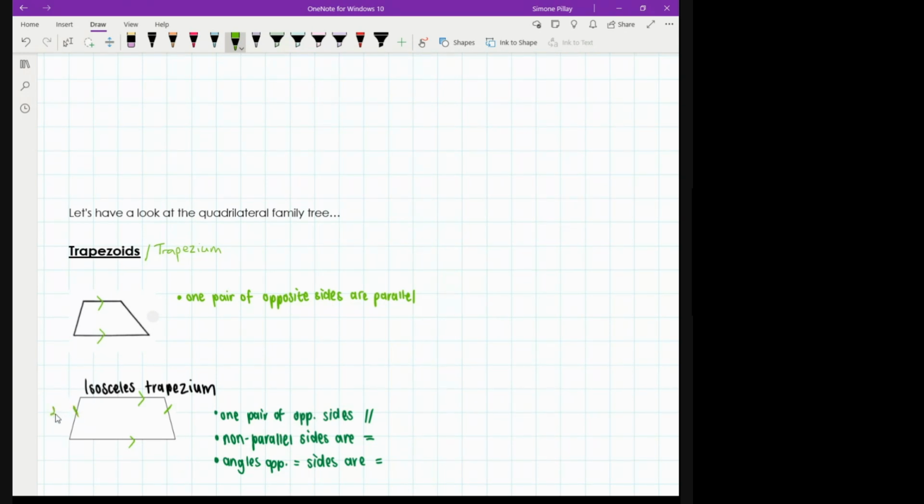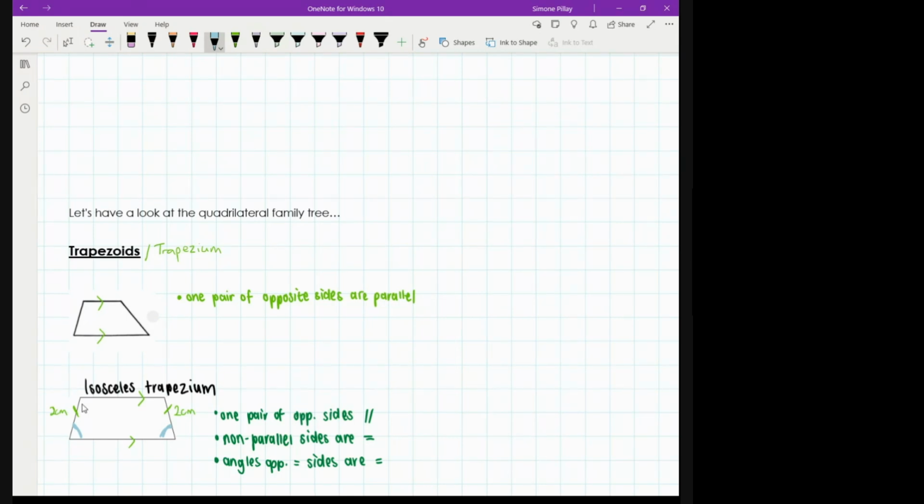So if this side is 2 centimeters, and they've told me that this is an isosceles trapezium, I know that the other side also has to be 2 centimeters, because in an isosceles trapezium, my non-parallel sides are equal to each other. And very similar to what we learned with triangles, the angles opposite my equal sides are equal. So these are the angles that are opposite those equal sides, and these angles are equal.